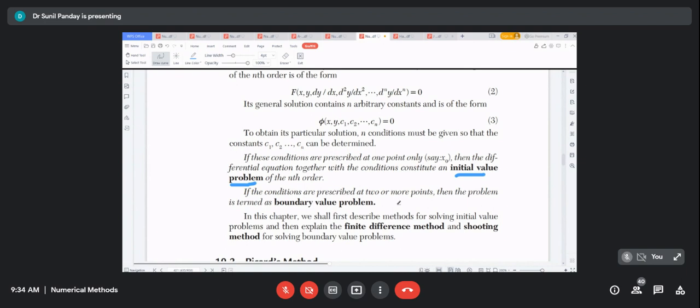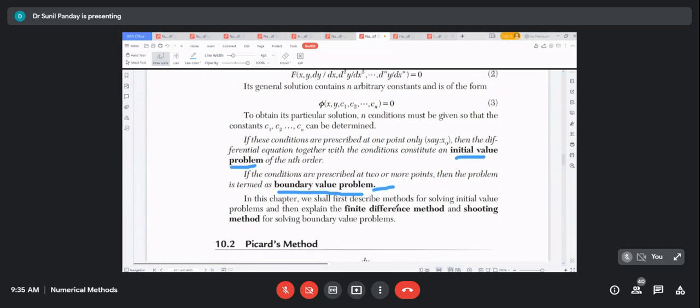But instead of this, if you have more than one point, like you have y at x naught, and then y at x1 also there, or y at x2 is also there, then such a condition is known as boundary condition, and the problem is known as boundary value problem. If more than one point is used to describe the conditions, such a condition is known as boundary condition, and such a problem is known as boundary value problem.